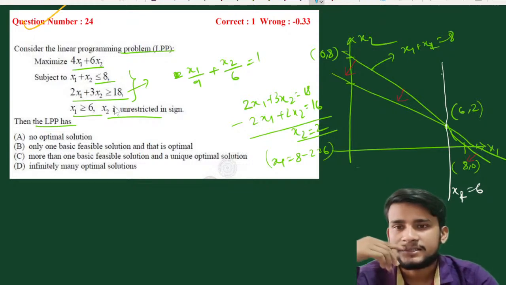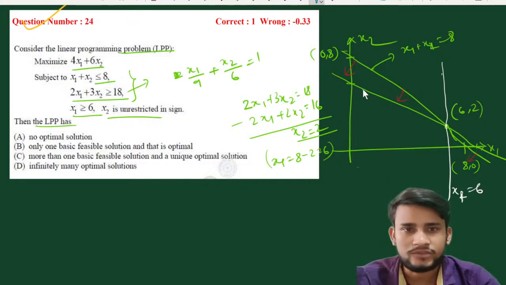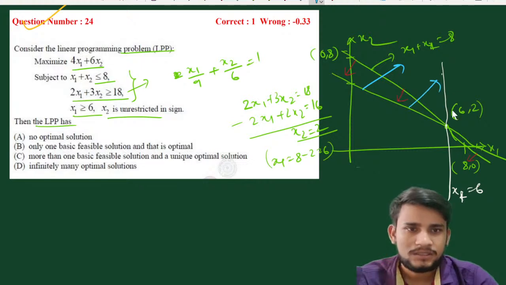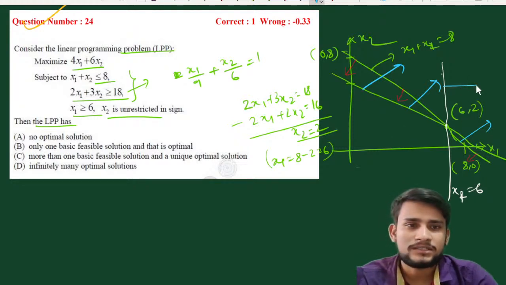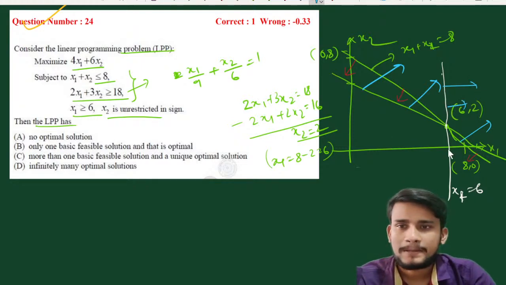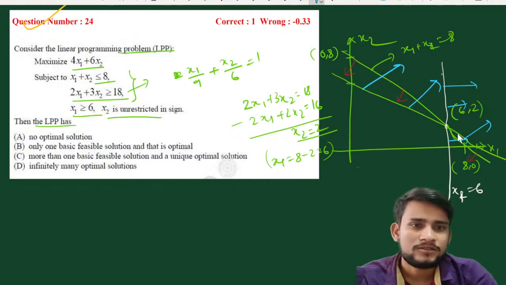The third region, x1 greater than or equal to 6, is this side. So this is the common region.